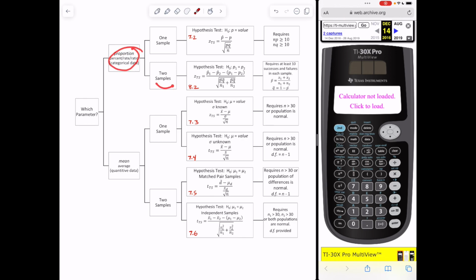There's two groups, the men and the women, and then this is our test statistic. You can also see the null hypothesis here is P1 equals P2. There's some other numbers here. We'll need the P bar and the Q bar, and then the requirement for this test is at least 10 successes and failures in each sample. So that's the gist of it. Again, this is section 8.2.